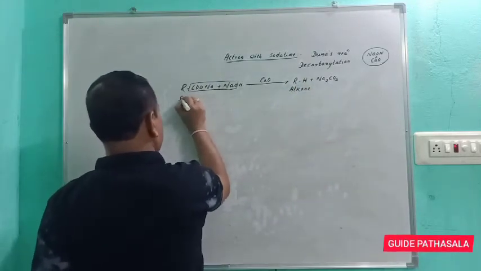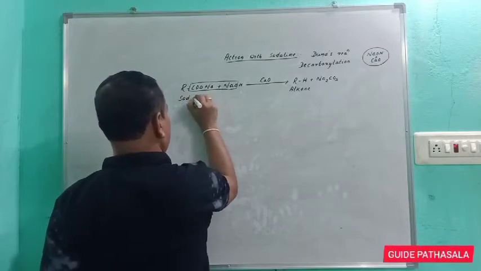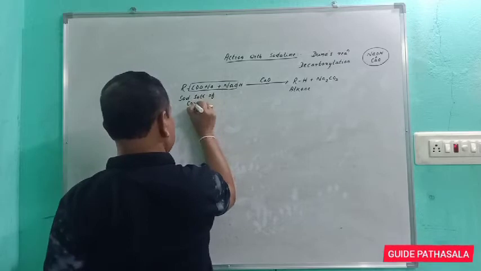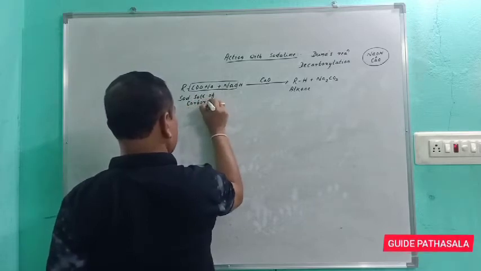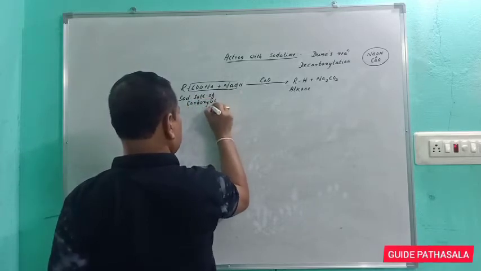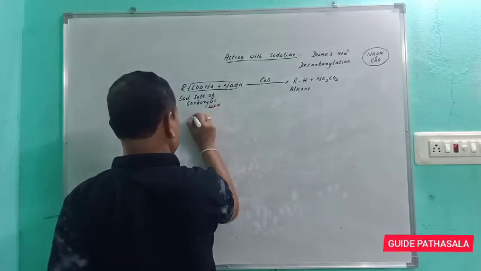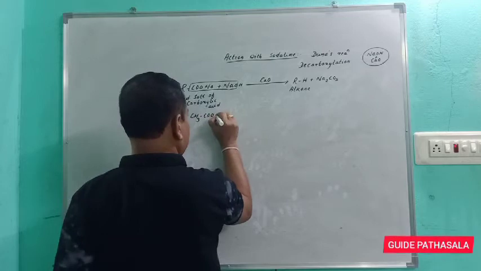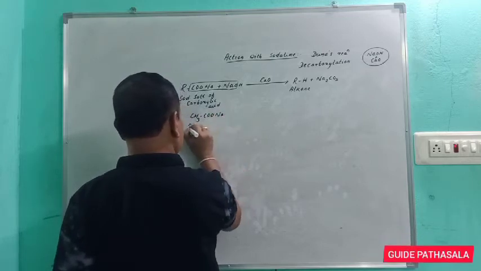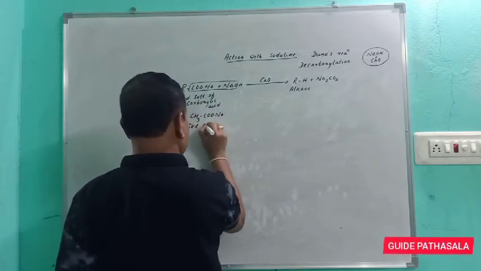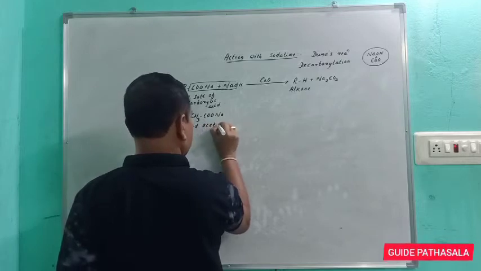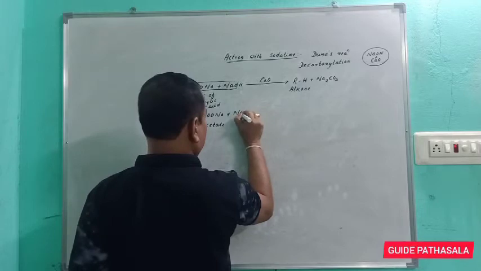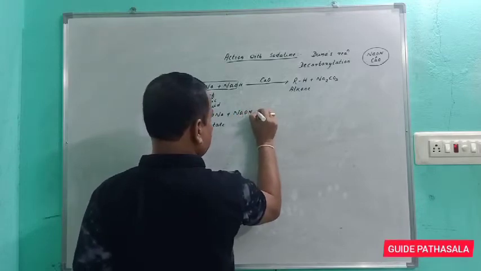It is your sodium salt of carboxylic acid. Sodium salt of carboxylic acid. If you take CH3COONa, it is your sodium acetate. Sodium acetate plus soda lime. Soda lime is your NaOH and calcium oxide.